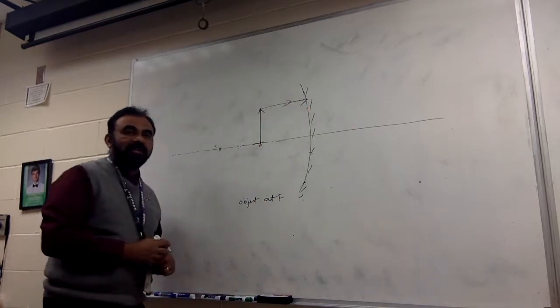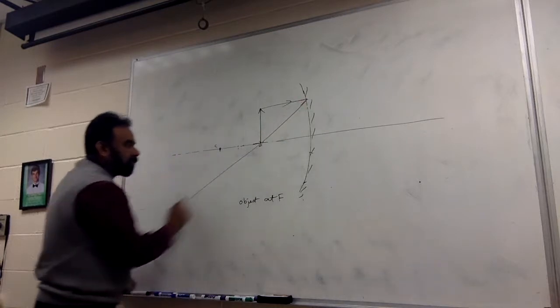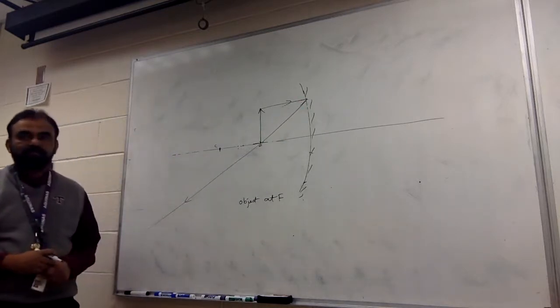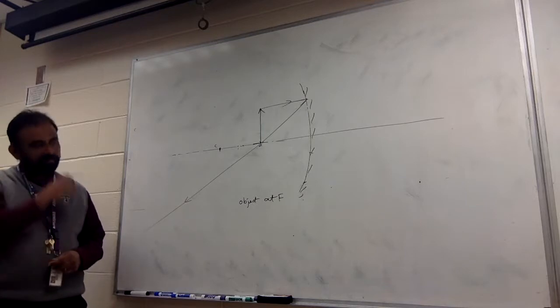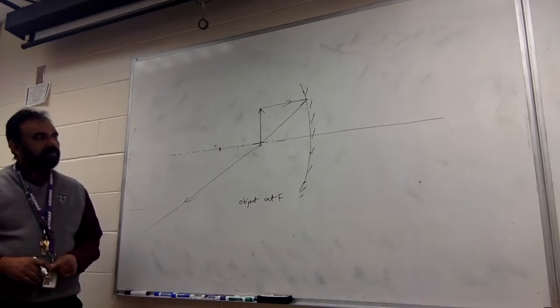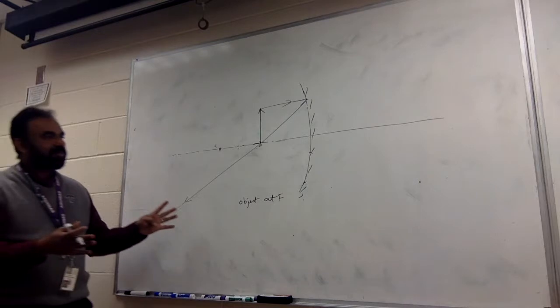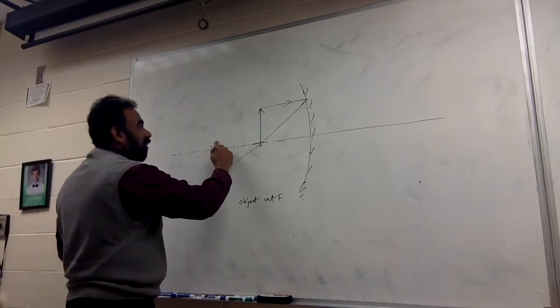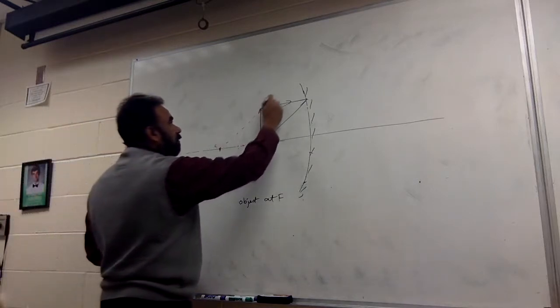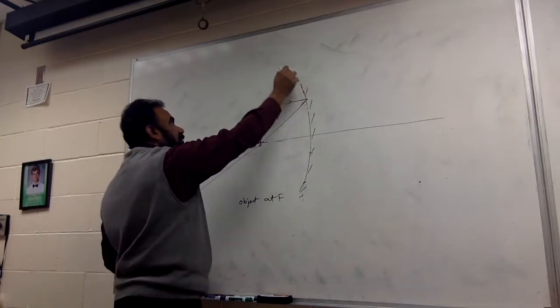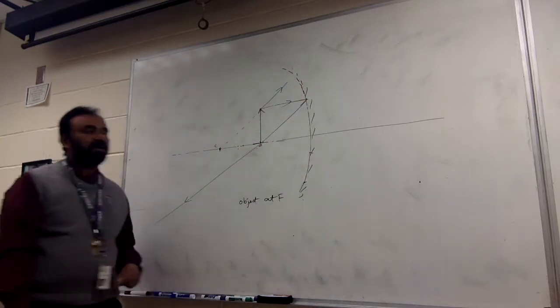A ray that goes like that will go through the focus. Now, you don't have any other option here other than imagining a ray going like this. So imagine the concave mirror goes all the way there.